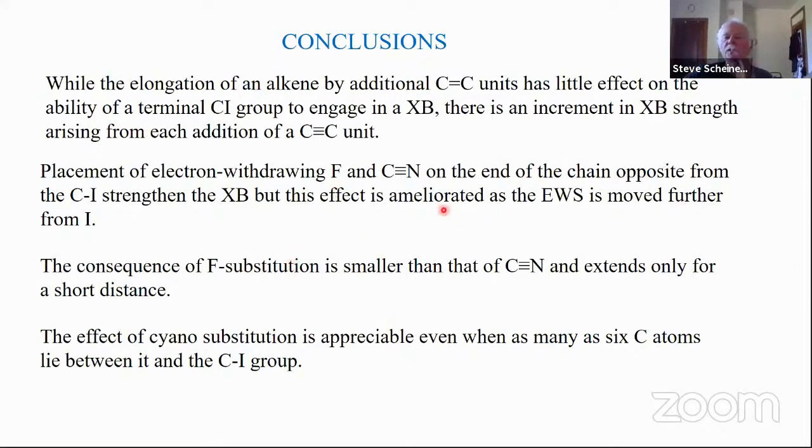And this effect does come down as the substituent is moved further away, which is pretty much what you'd expect. F substitution has a much smaller effect than does cyano substitution, and its effect lingers for a shorter distance as you move it away. With the cyano group, you can move as many as 6 carbon atoms away, and you can still see the effect of that cyano group, which is transmitted through a longer chain.